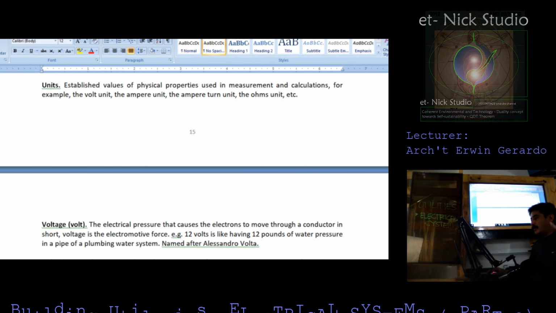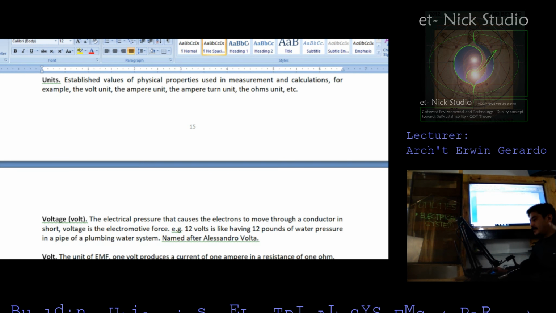Units, established values of physical properties used in measurement and calculations. For example, the volt unit, the ampere unit, the ampere turn unit, the ohm unit, etc.